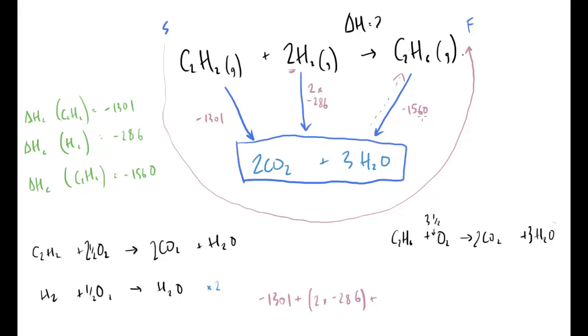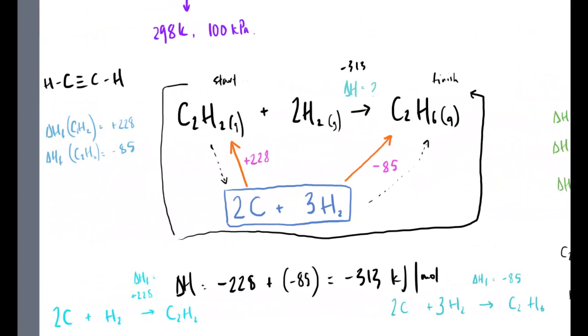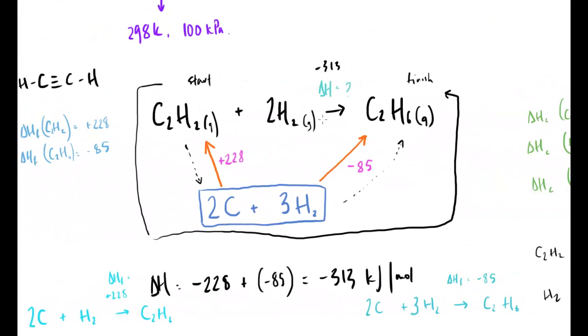and then I'm going to add to that, going this way, positive 1560, and that will give me a value, and when you add it up, you should find it comes to minus 313 kilojoules per mole, which, if you remember from before, go across, there was my enthalpy change of formation.